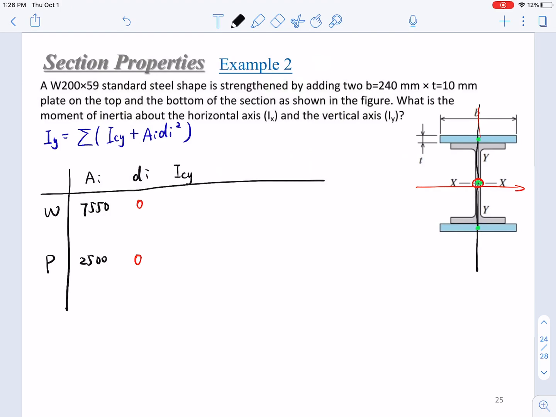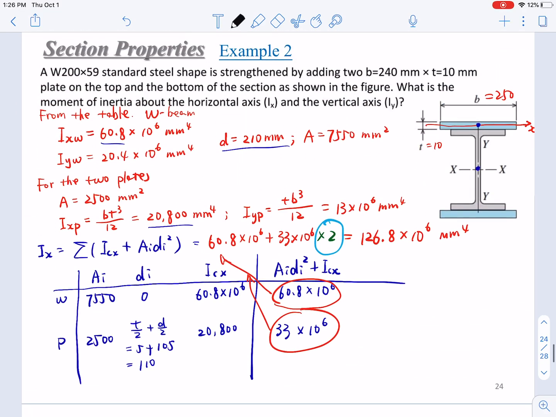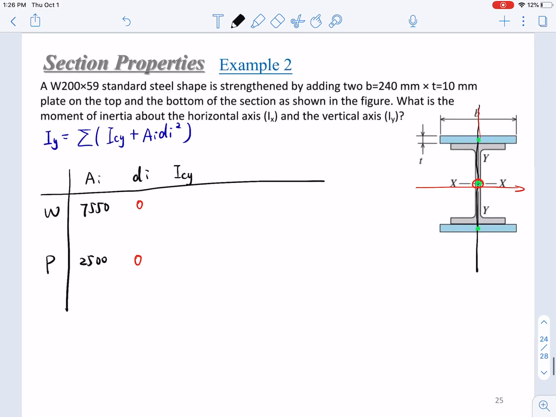ICY have been calculated. Iyw is here, Iy plate is here: 20.4 million and 13 million.